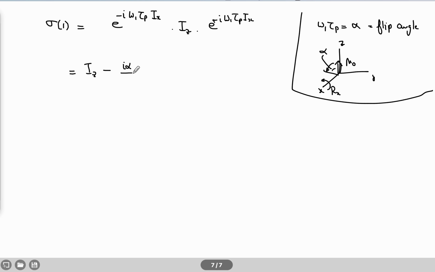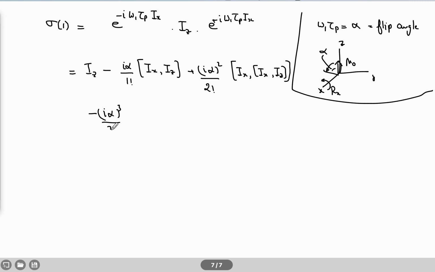So I will have i alpha divided by 1 factorial, then commutator between Ix and Iz, plus i alpha square by 2 factorial, and now I will have double commutator Ix Iz, minus i alpha cube by 3 factorial Ix. Now I will have triple commutator Ix Iz.